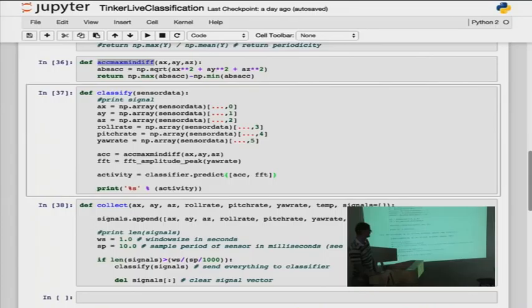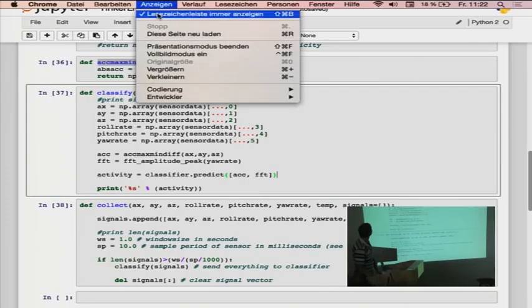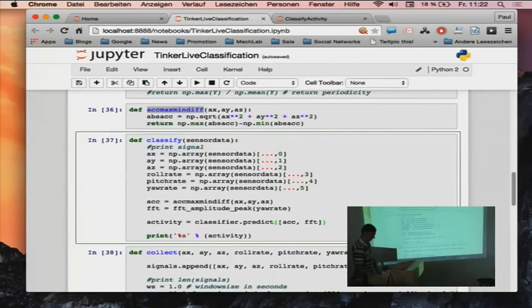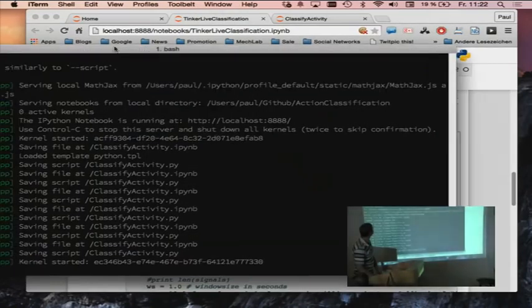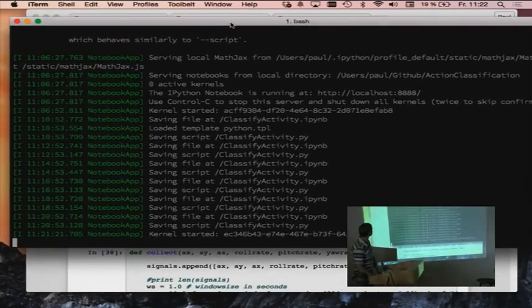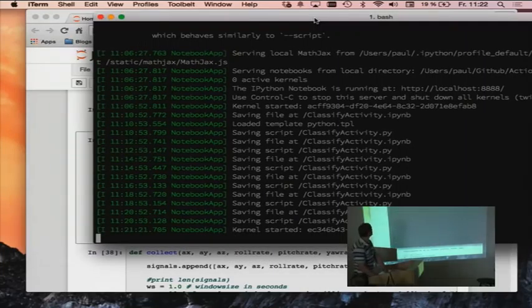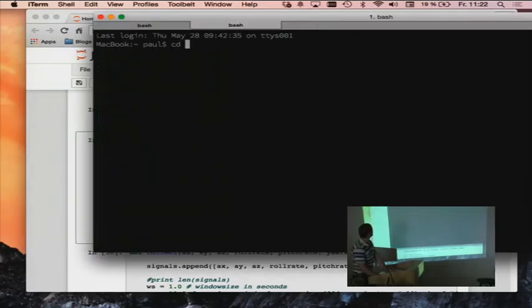Because now I'm trying to figure out a window. So, right.